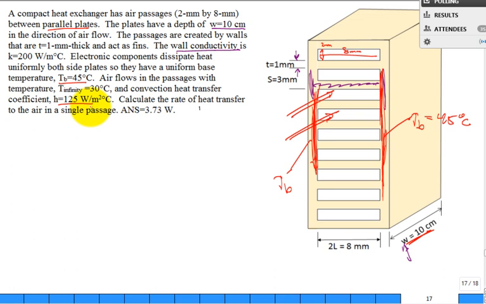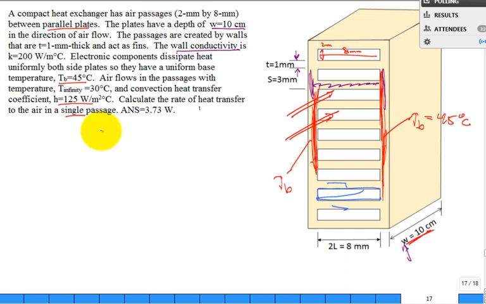Calculate the rate of heat transfer to the air in a single passage. Well, I have one passage right in here, but the top and the bottom are fins, the other is my base.